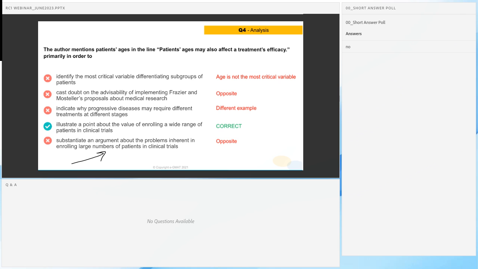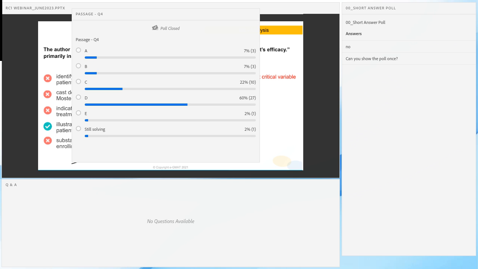Ishani says, post solving an RC passage, how are we supposed to further improve? How are we supposed to analyze post solving? How are we supposed to do that after solving a passage? That's a great question, Ishani. We solve a passage in the context of e-GMAT Scholarium.